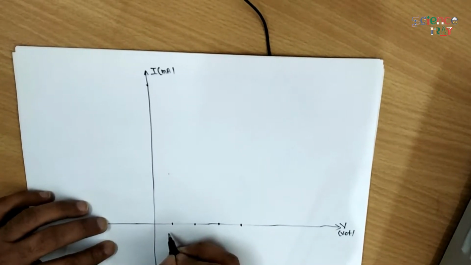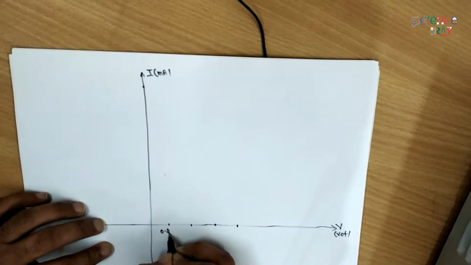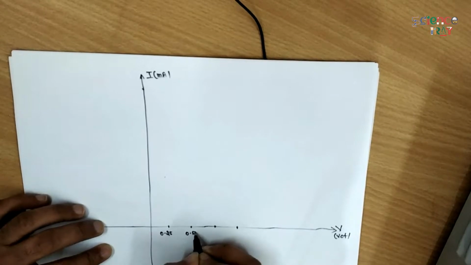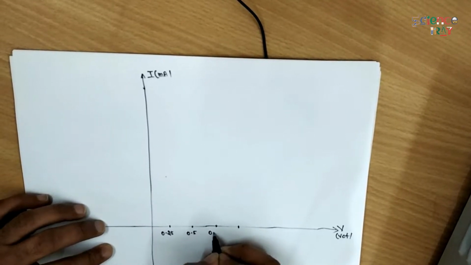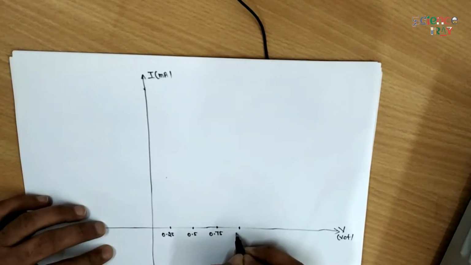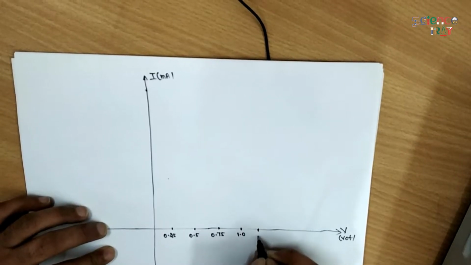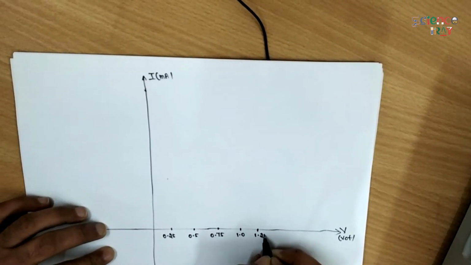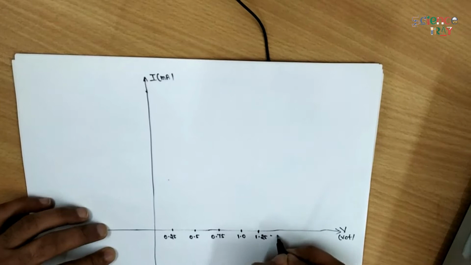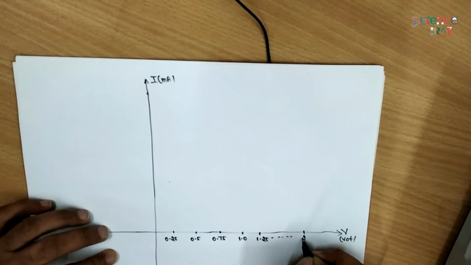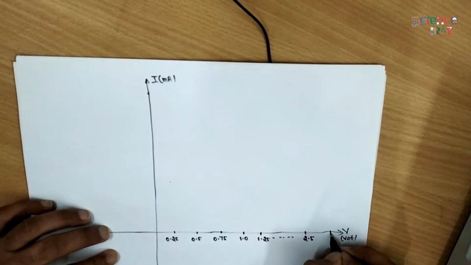We will show very small variations: 0.25 volt, 0.5 volt, 0.75 volt, 1.0, 1.25, and it will keep on going, 2.5 volt and 5 volt.